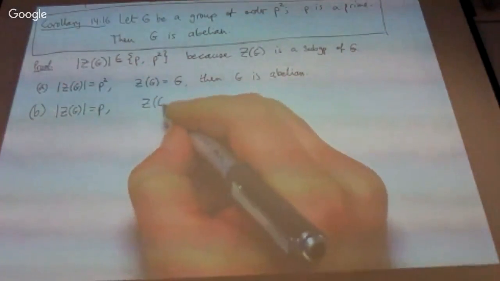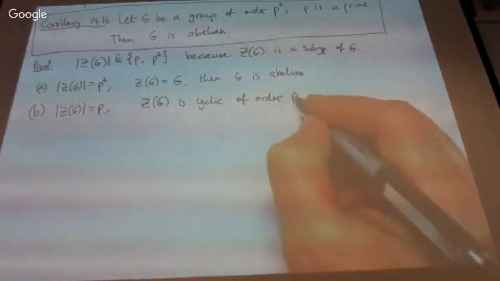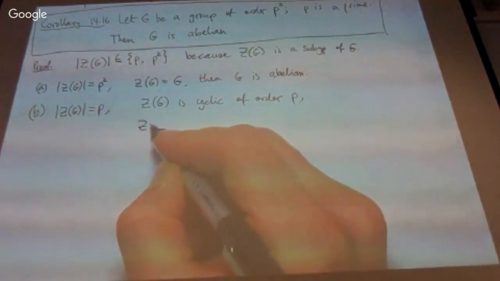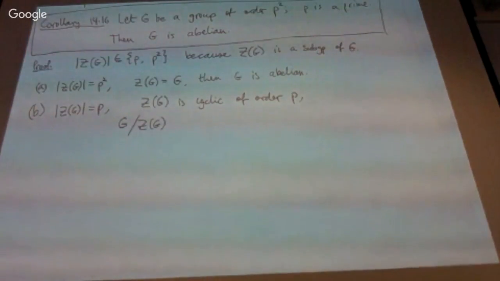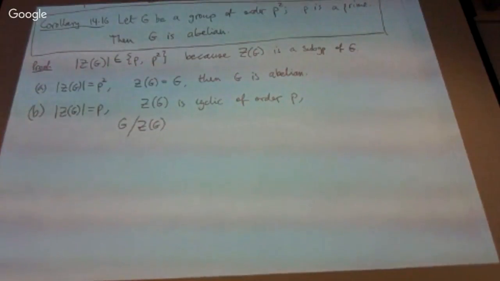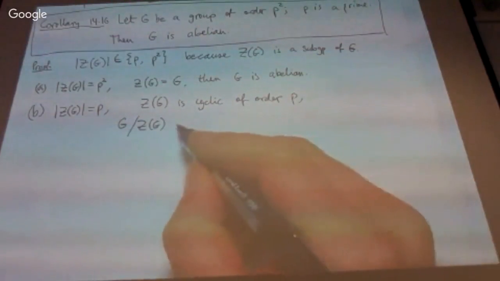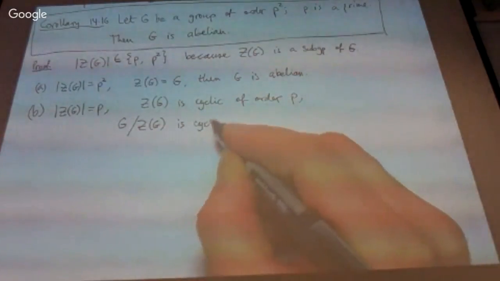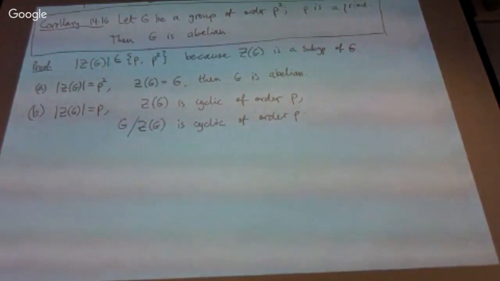So ZG is cyclic of order p, but also the factor group is, we proved, a normal subgroup. I can't remember where we actually did it. So this is the factor group. Well, what is its order? They're both cyclic of order p.